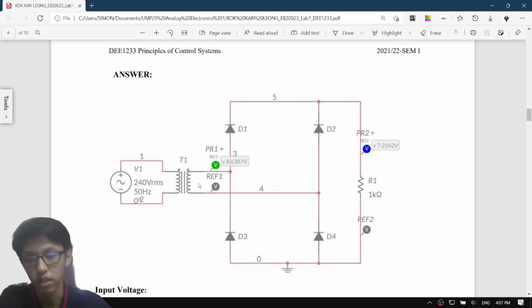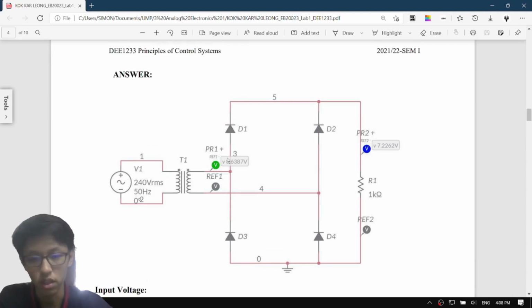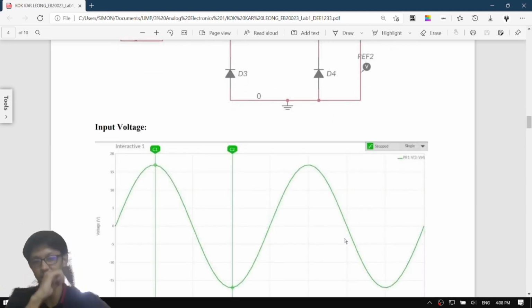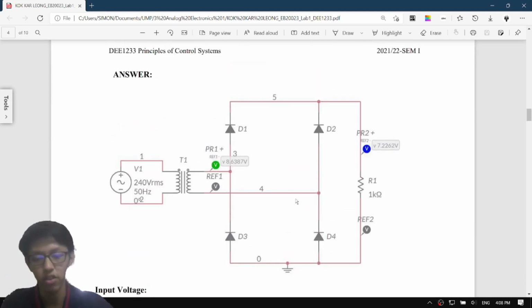And next, for the negative cycle, the current flows to the diode D2, then flows to the resistor, and last flows to the diode D3 and back to the transformer. So the current always flows to the positive. The voltage is always positive. The Vout is always positive because of the diode.